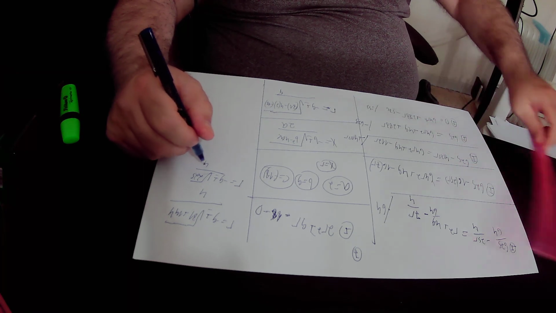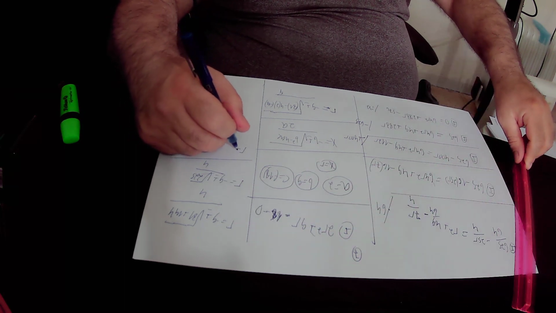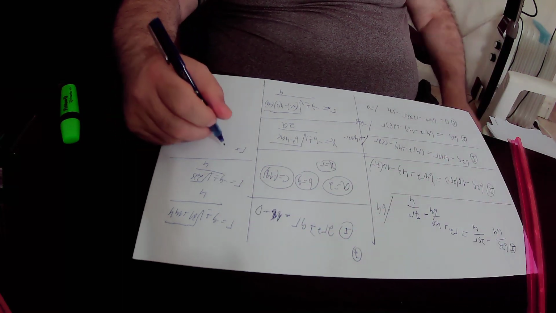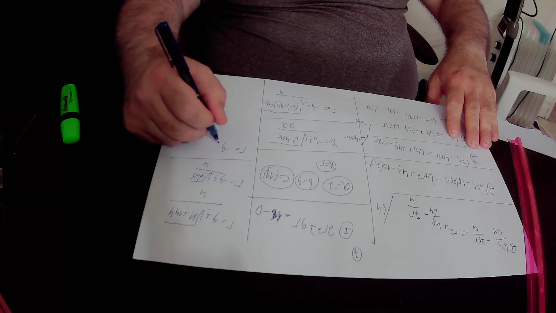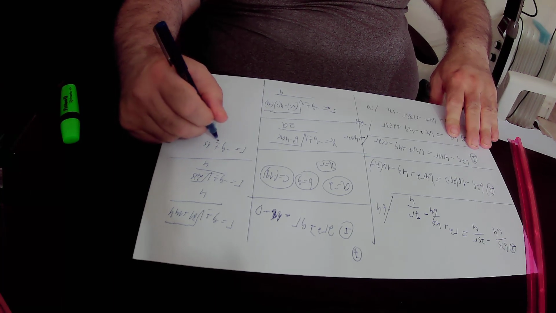So here R equals minus 9 plus minus the square root of 225, which is 15, over 4.